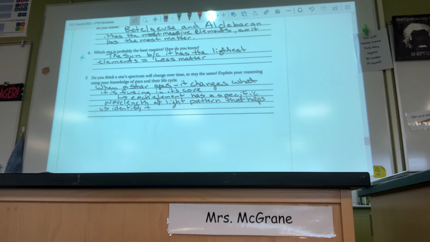As the elements change, the light released from the star also changes.